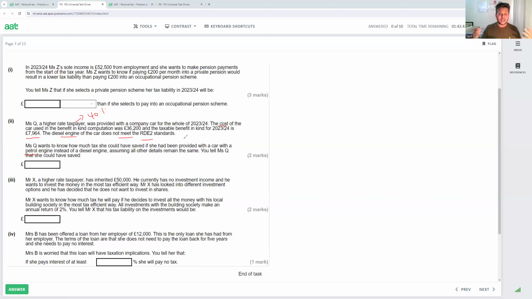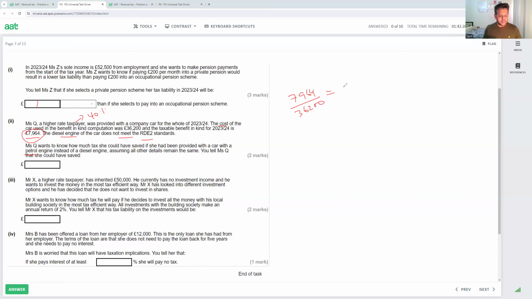So we are calculating, rather than having a diesel car, if I have a petrol car, how much money am I going to save. Simple. We don't have the percentage, so you have to find it. Let's find it out. 7,964 is my benefit based on my cost of 36,200.